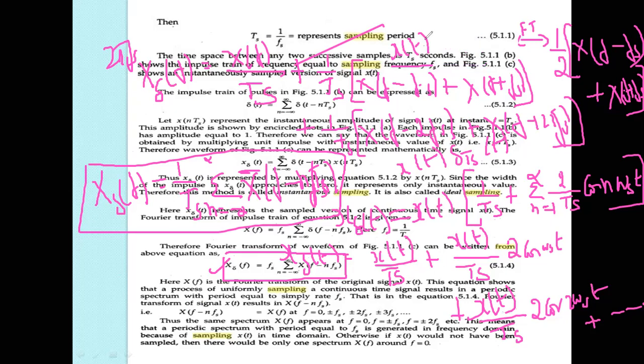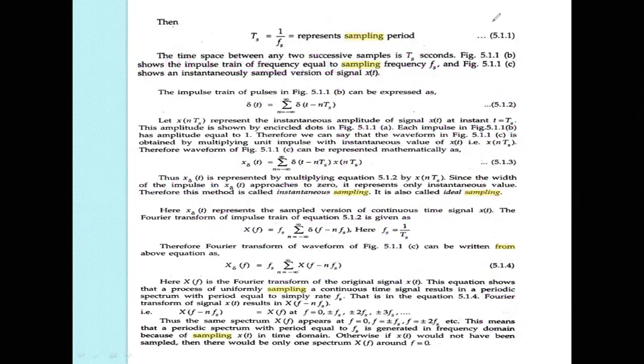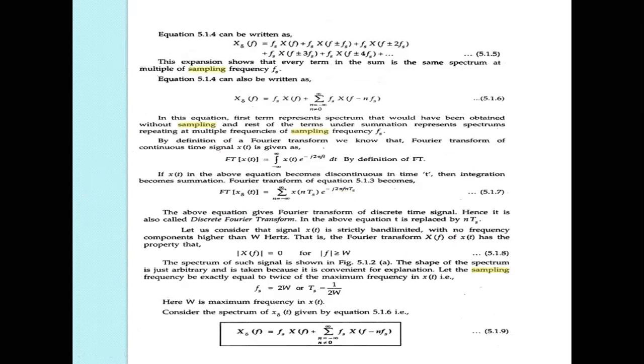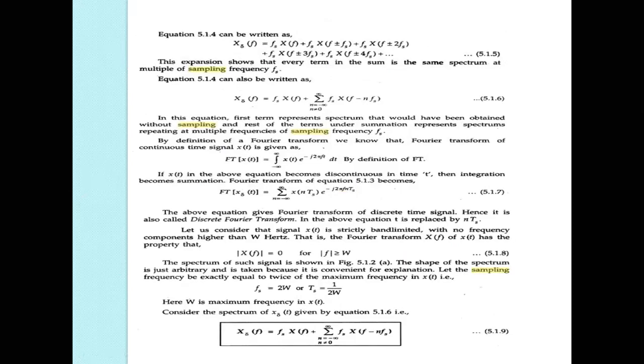Tomorrow I will explain this again, and then we go to the continuation part. There are so many things here, it is the final derivation part. Any questions? Okay, thank you.